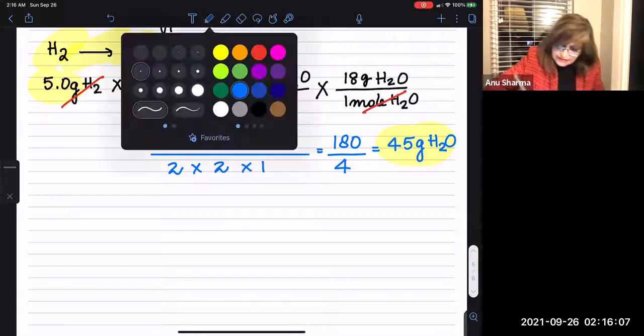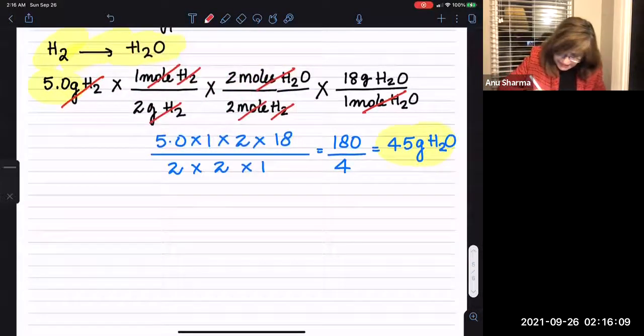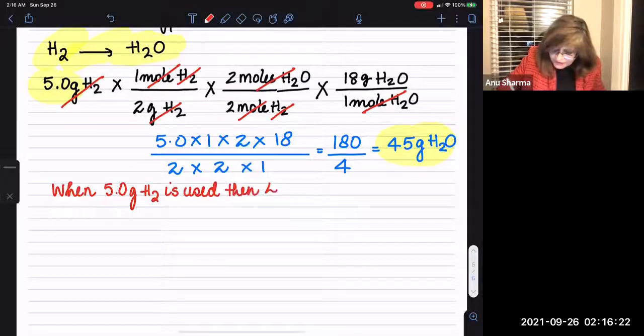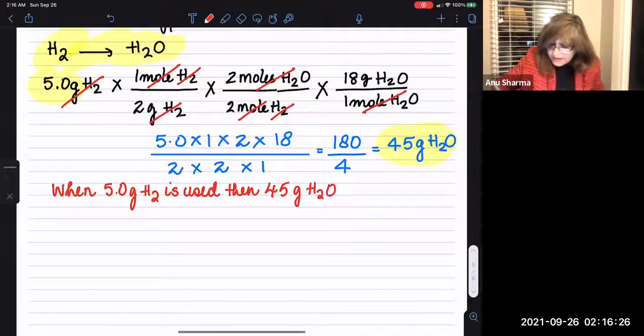So let's write this down, because that's what we mean. We mean that when 5.0 grams of hydrogen is used, then 45 grams of water is produced theoretically, in theory only.